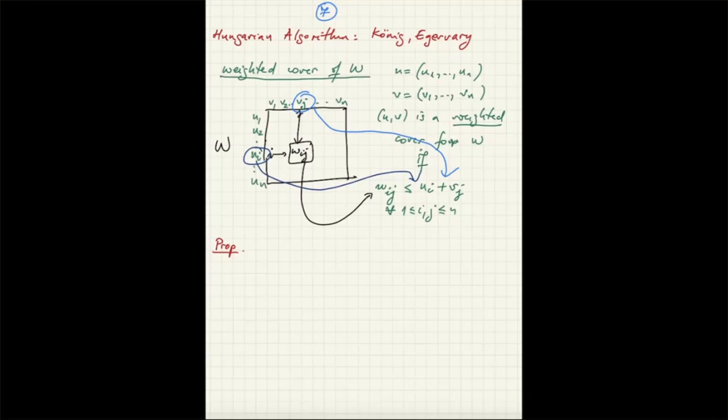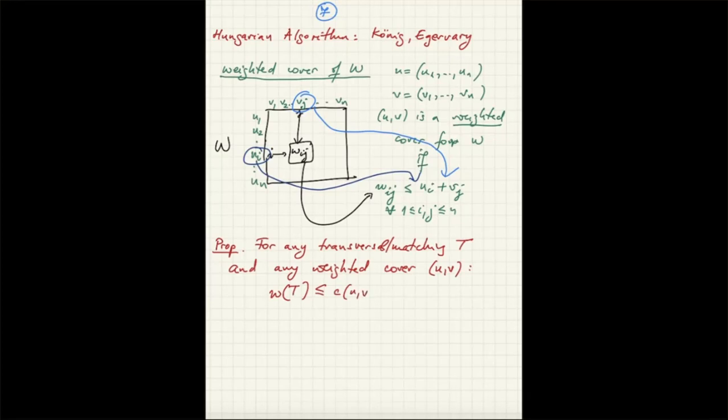This says the following: for any transversal or matching, let's call it T, and any weighted cover (u, v), the weight of the transversal is at most the cost of the cover.